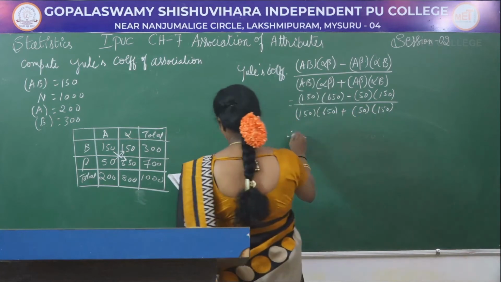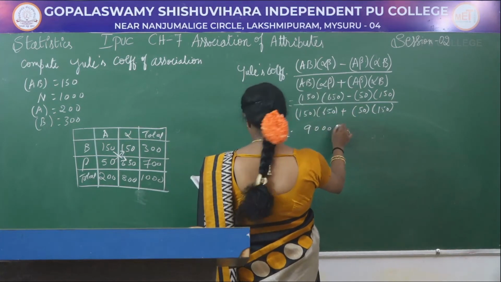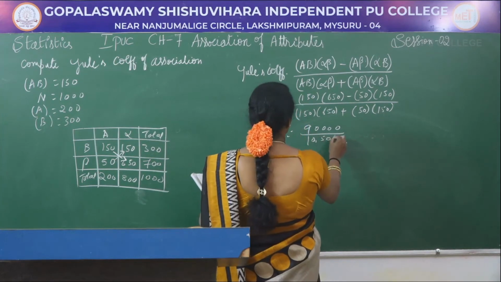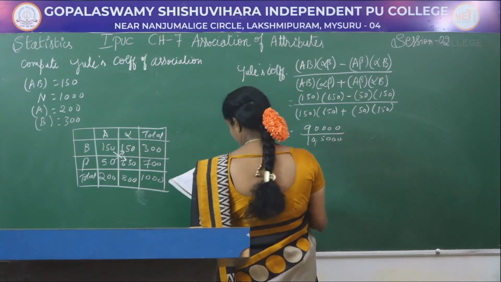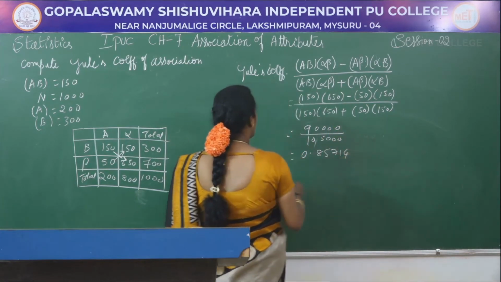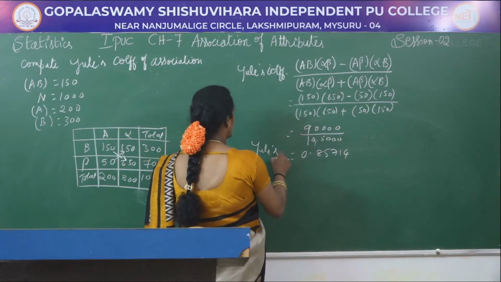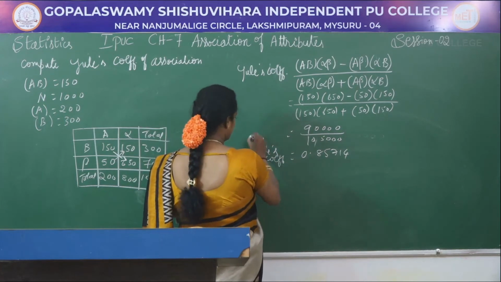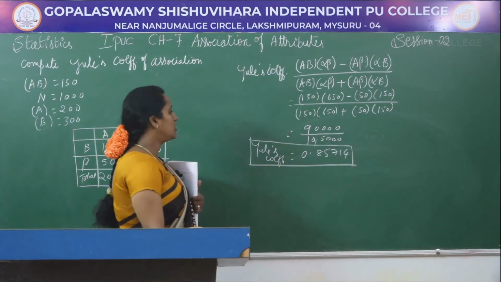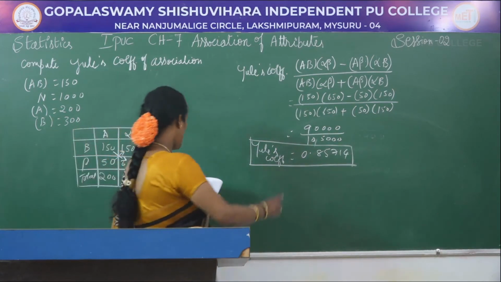Okay, so this is 90,000 divided by 1,05,000, and this is 0.85714. This is our Yule's coefficient. For this also we should write the comment.